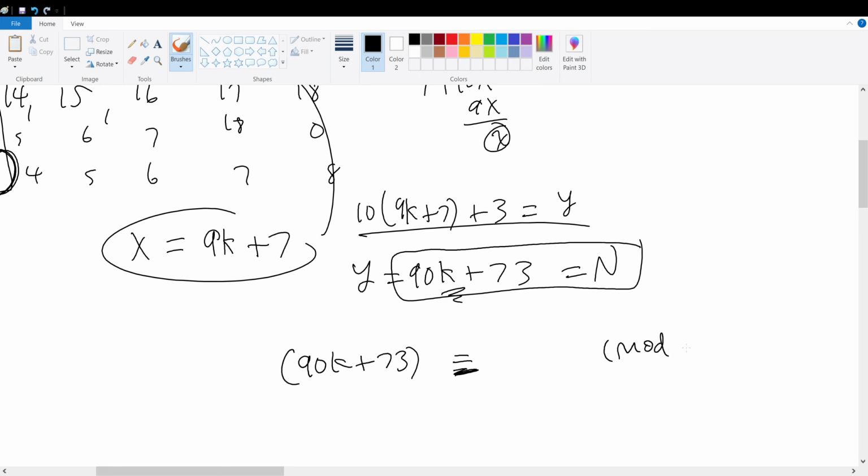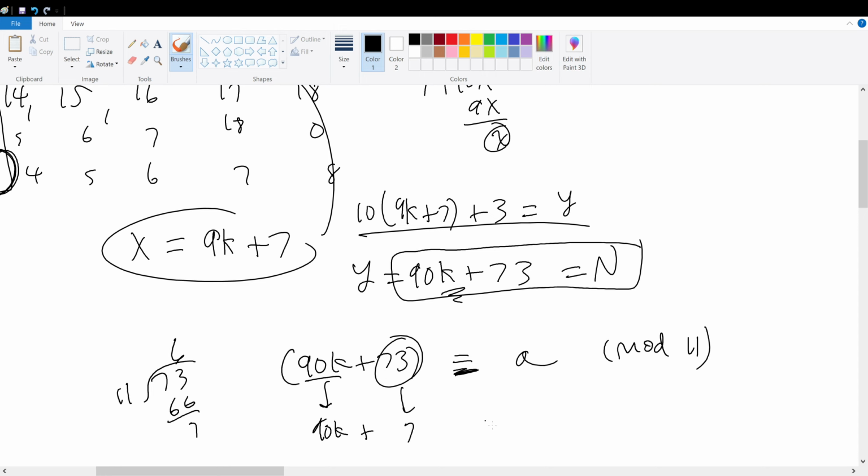We don't know, so let's call it A. If we have an A, we can reduce 73 mod 11: 73 divided by 11, we put a 6 here, 66, and that becomes 7. And for 90k, we don't really do anything with it, because 90k is always representing part of the number, so 90k just comes down here.